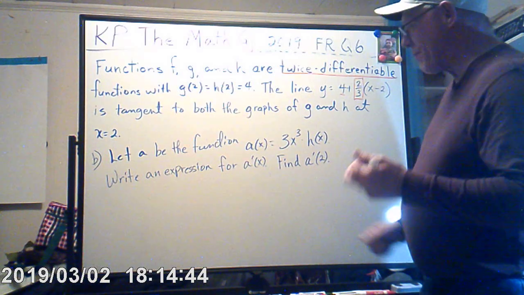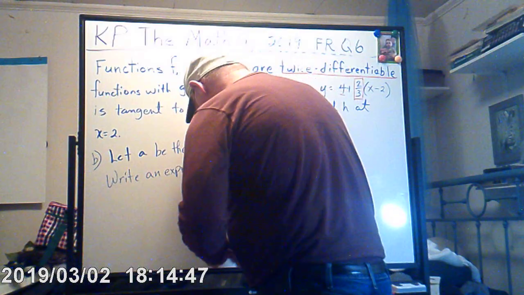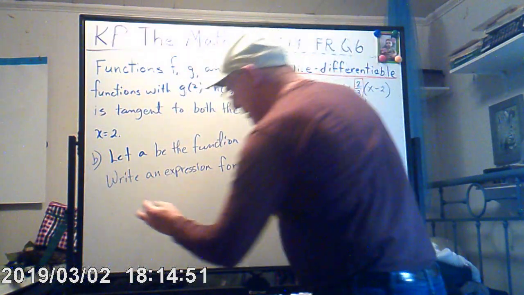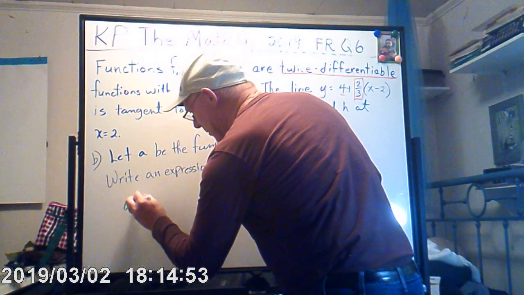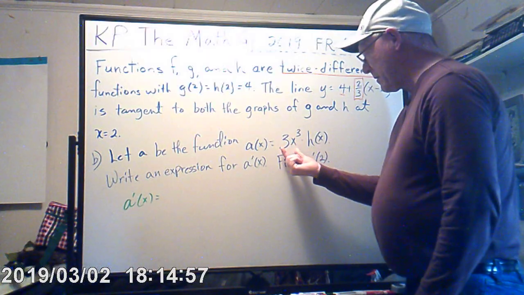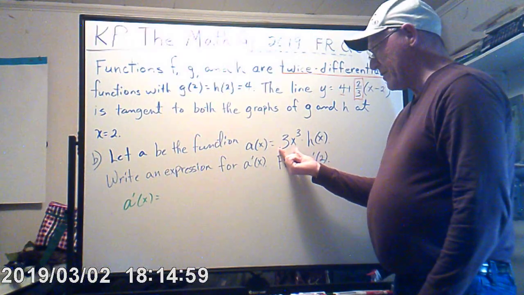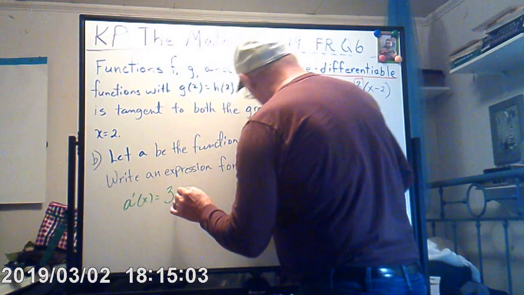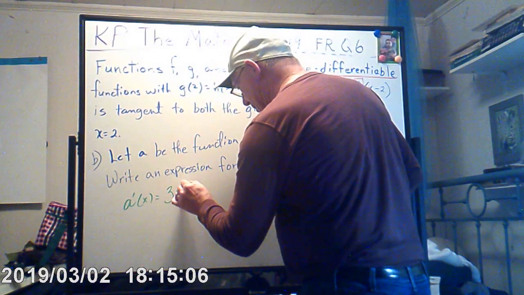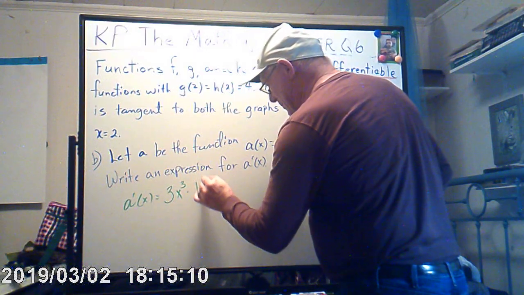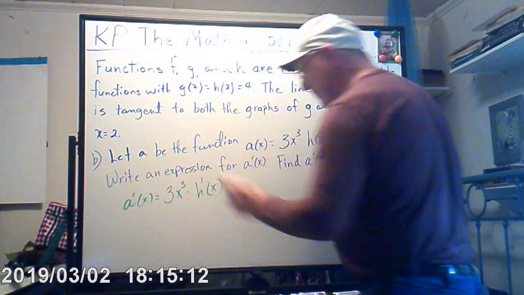So let's find A prime at x. We'll use a different color here. The derivative: we can do the first, if you want to, just rewrite the first part down. 3x cubed times the derivative of the second, which is h prime at x, right?